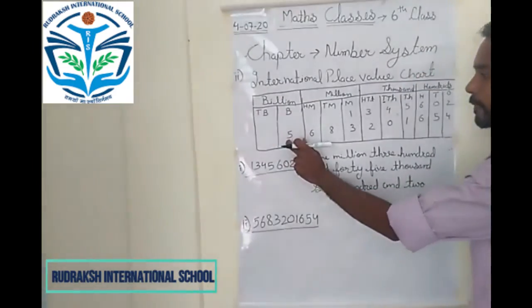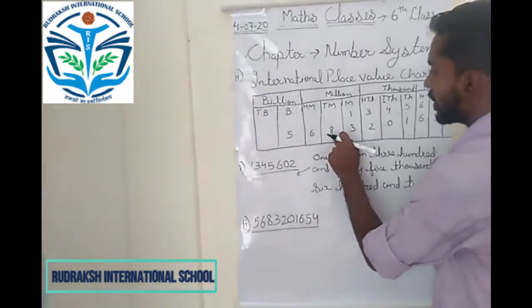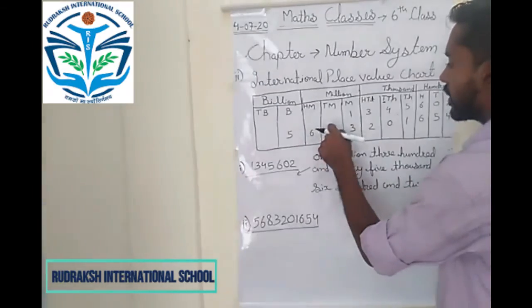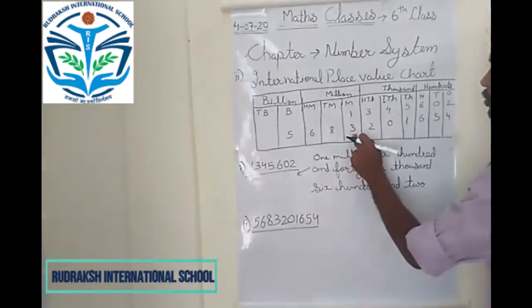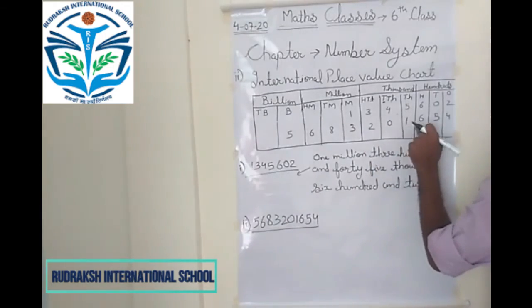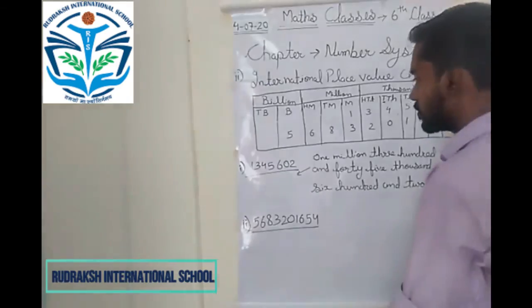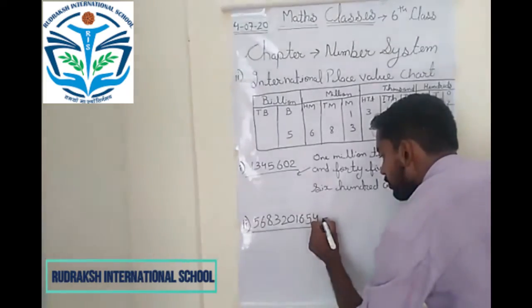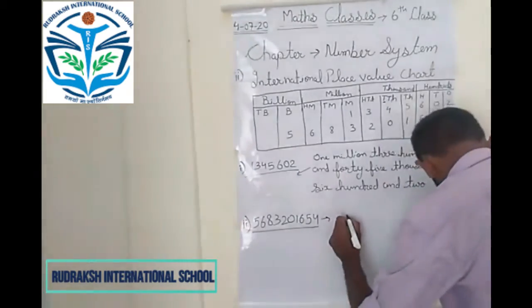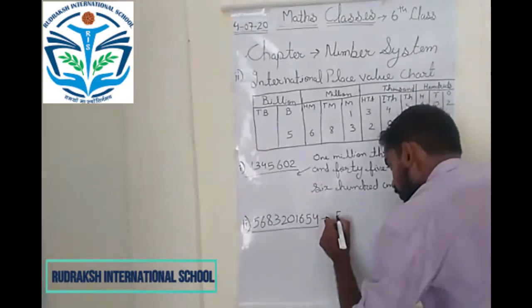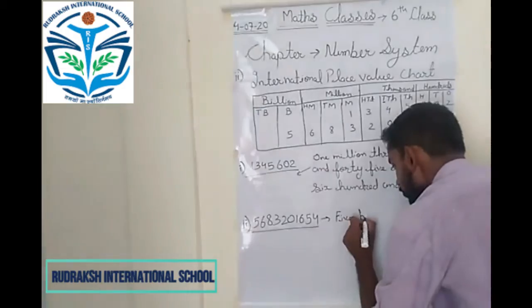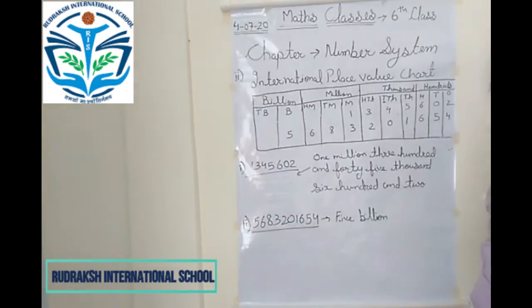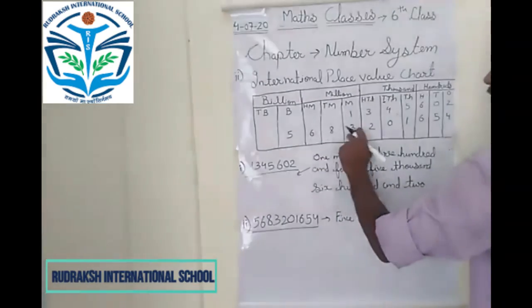So it is 5 billion 683,000,000 201,000 201 thousand 654 and 54. Please write down the sequence.